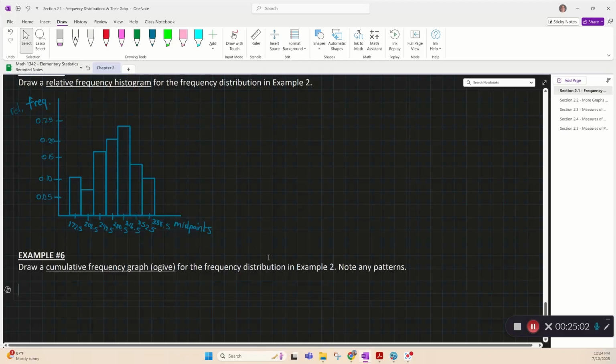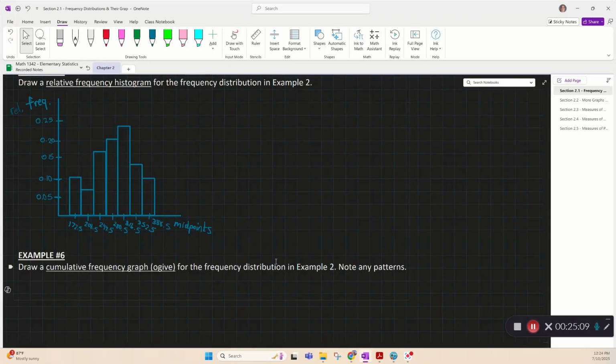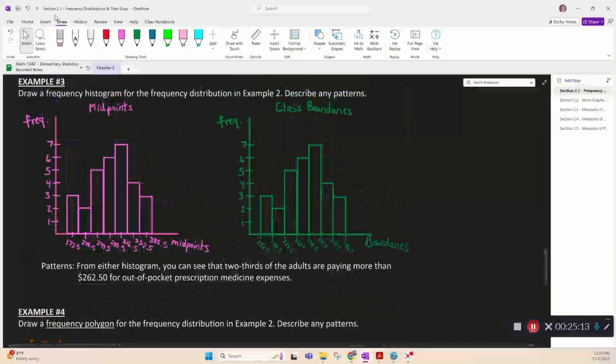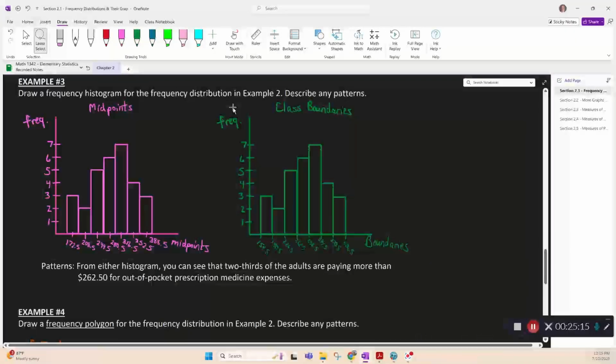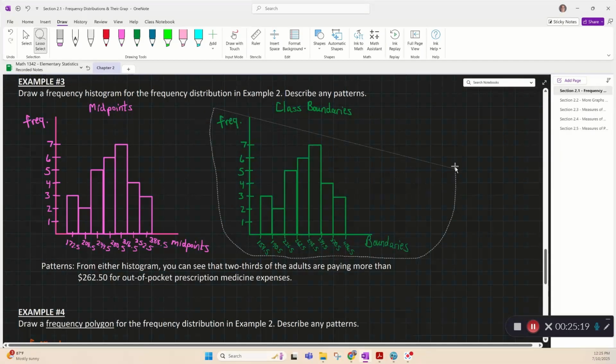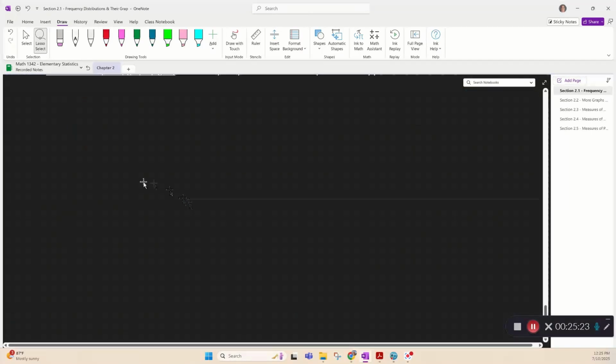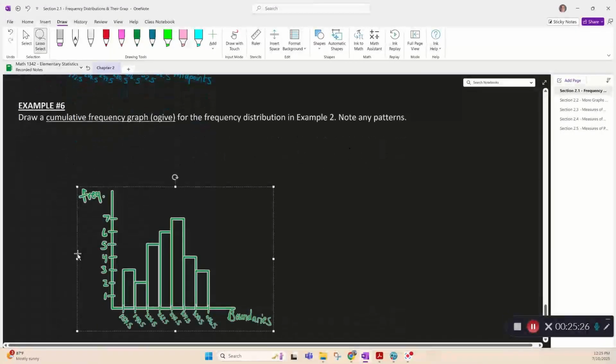So now, for a cumulative frequency graph, they typically use class boundaries on the x-axis. Sorry, not the y, on the x-axis. So I'm going to actually come up here just to, again, save us some time. Already over our time. So I'm just going to copy him, paste him there.